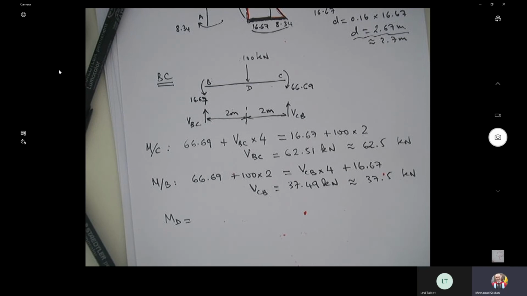What's wrong with B? Because you know, the beam's only 3 meters long.